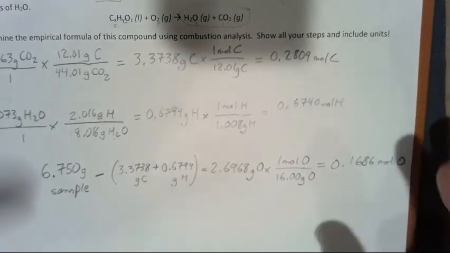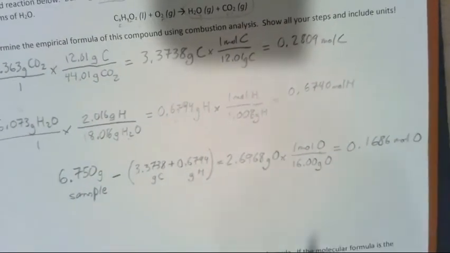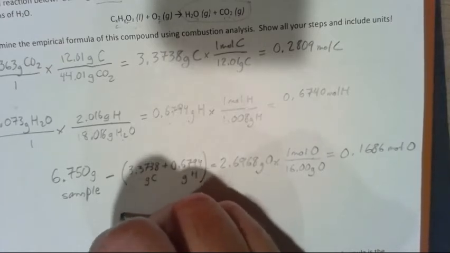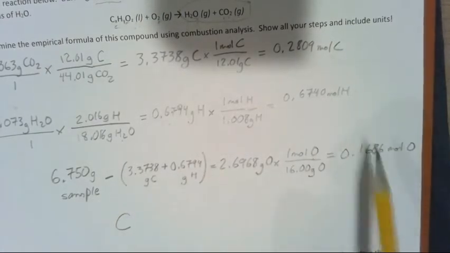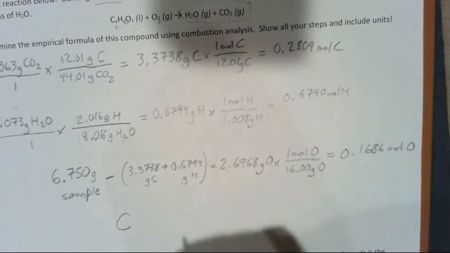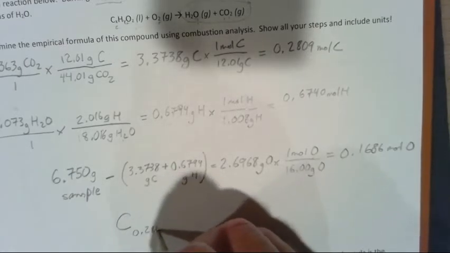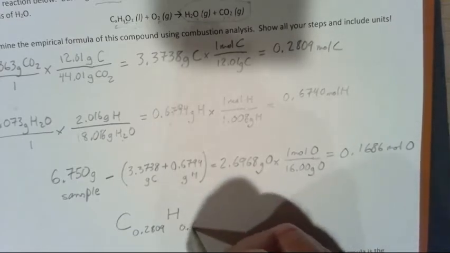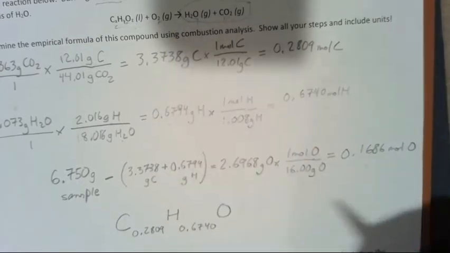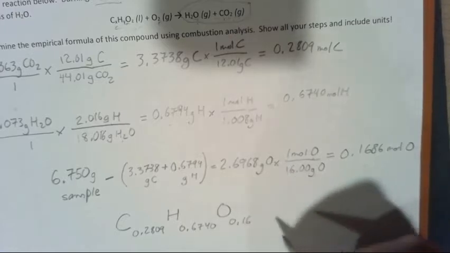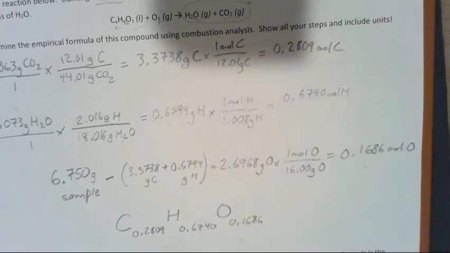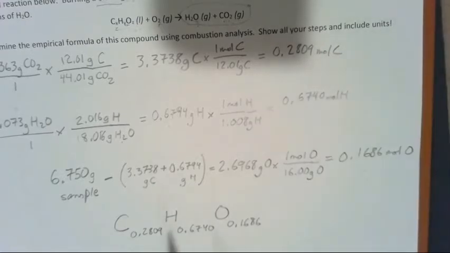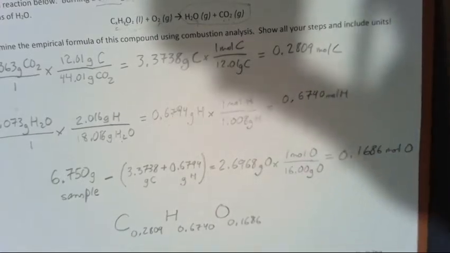All right. Now, one little trick I like to do when I get to this point is just to remind myself that what I'm looking for is an empirical formula. And these moles are the ratio of moles of carbon to moles of hydrogen to moles of oxygen. But of course, this is not a good formula. We need whole number subscripts. So it's the right ratio. We just need to get to some whole numbers.